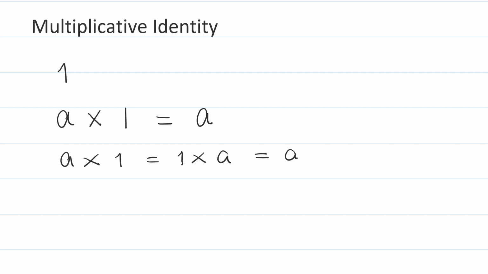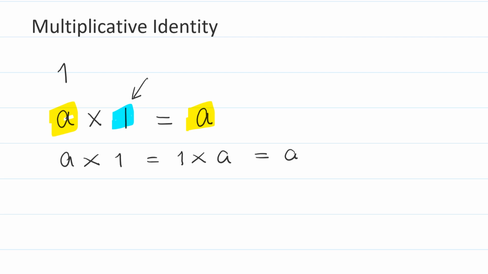So by multiplying a by the number 1, the result is the same number. There is no effect on a when this binary operation is performed. So 1 is the multiplicative identity for rational numbers.